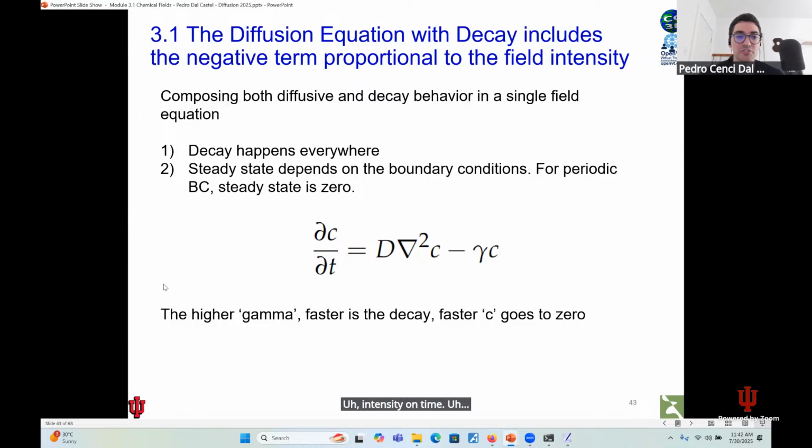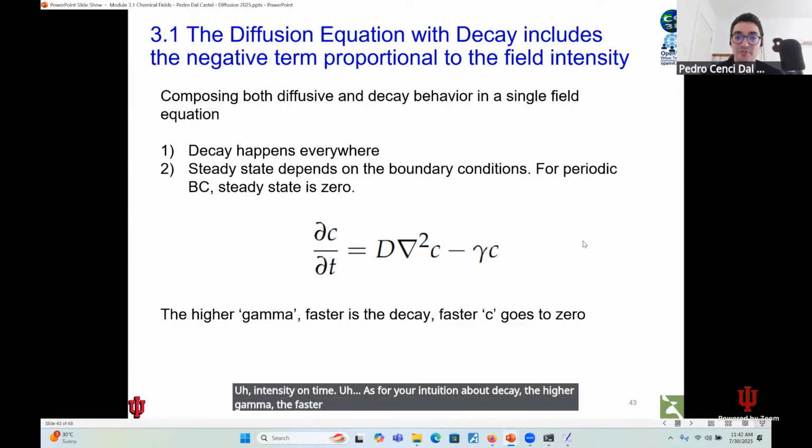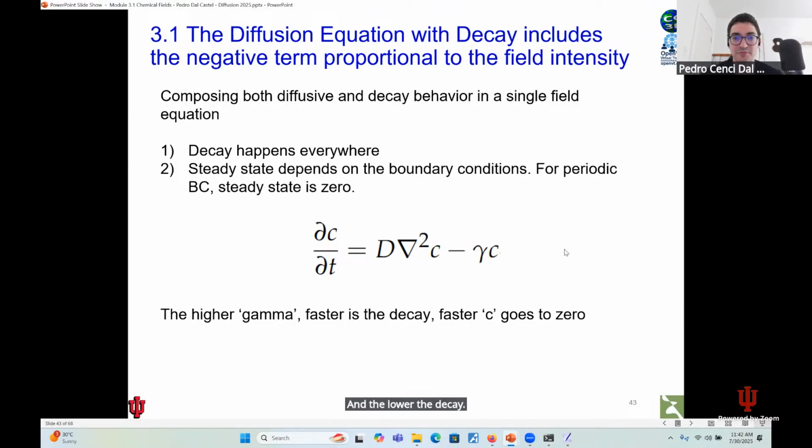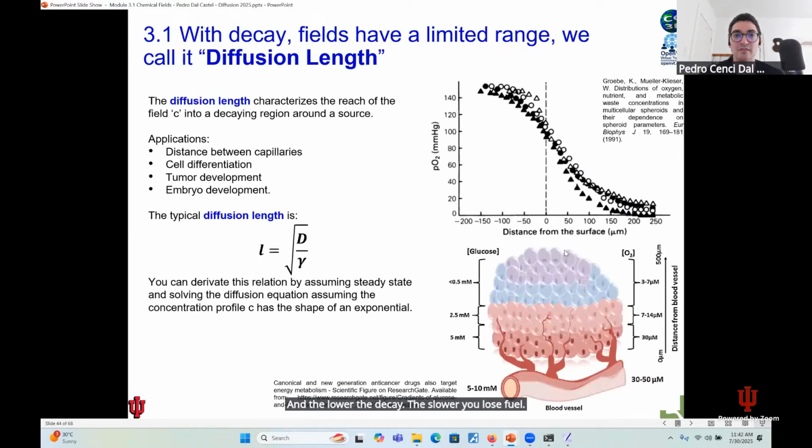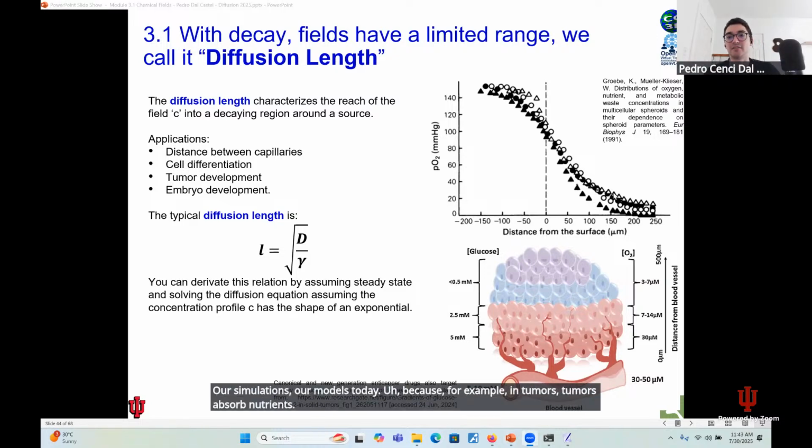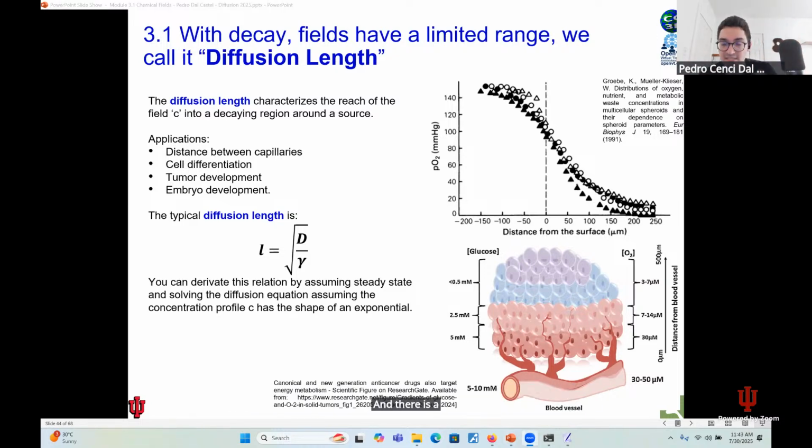As for your intuition about decay, the higher gamma, the faster you lose field, and the lower the decay, the slower you lose field. This will be very useful to building our demos, our simulations, our models today. Because, for example, in tumors, tumors absorb nutrients, and there is a typical distance that this nutrient field can reach into the tumor.